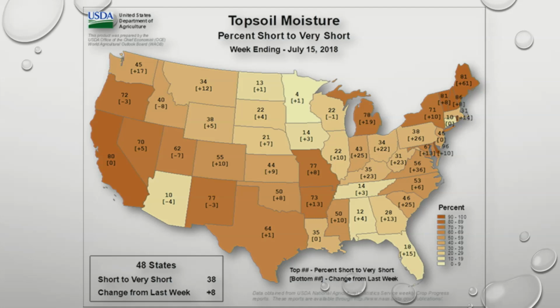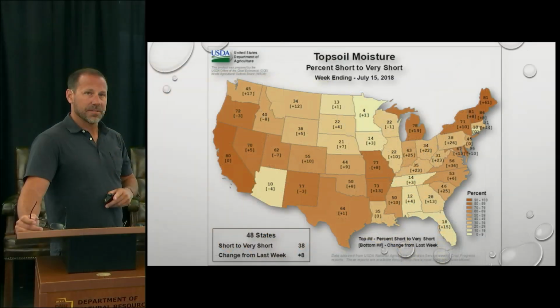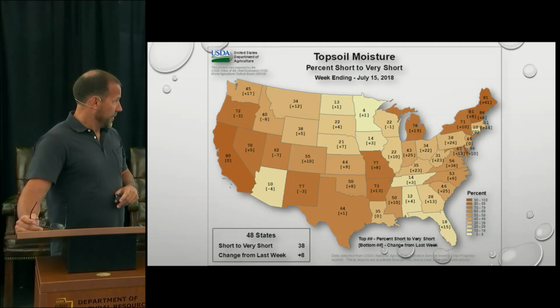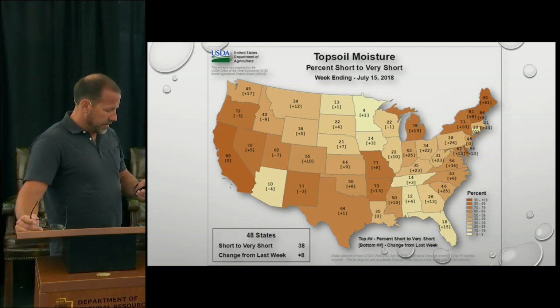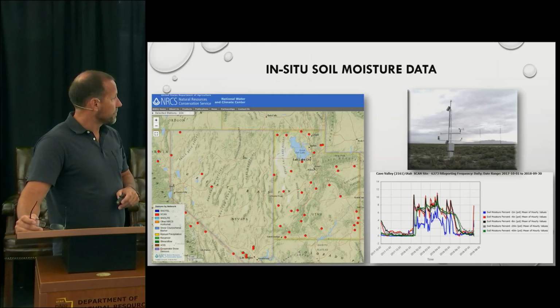Sometimes this soil moisture data can be kind of tricky to work with. As you can see, this is topsoil moisture, short to very short, and Arizona really stands out to me because it's been really dry there, but perhaps the monsoon has helped, and maybe some of those areas where the observers are in irrigated areas.